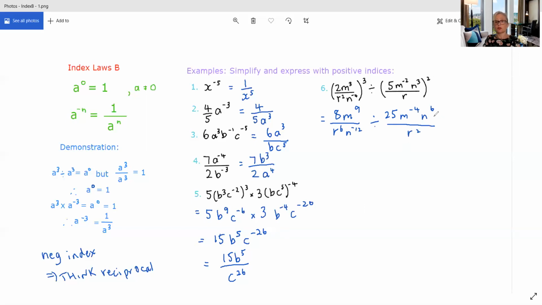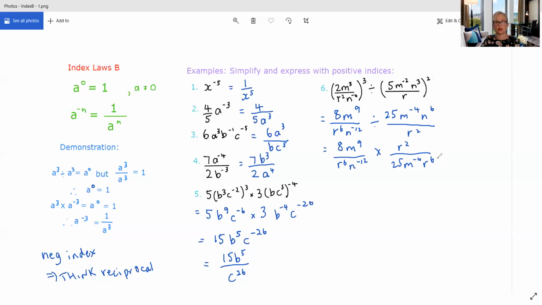Now what we're going to do is deal with the fact that we've got a divided by. You might remember when you were learning about fractions that if you're dividing by a fraction, that's the same thing as multiplying by the reciprocal. Now, we're leaving it exactly as it was with the negative indices and whatever and just turning it upside down at this stage.